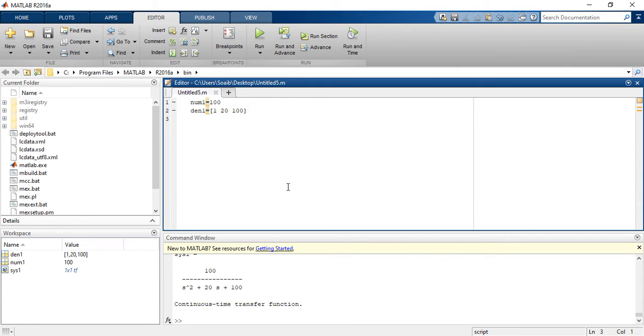So I will rewrite it: I take one variable, sys1 equal to tf of num1 comma den1, so it will be saved. Then the command for drawing the Bode plot is bode of sys1, and I will run it.